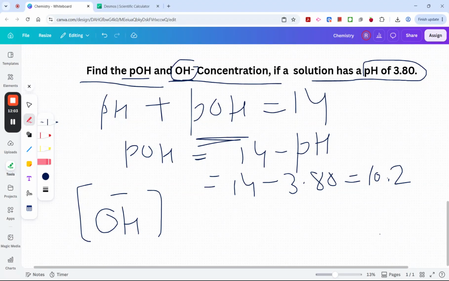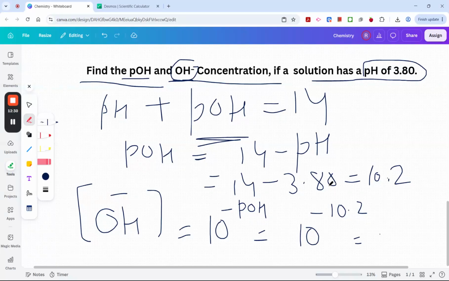In chemistry, square brackets mean concentration, so even if you are not writing them, it's still clear that we are talking about the concentration. It is 10 raised to the power negative pOH.